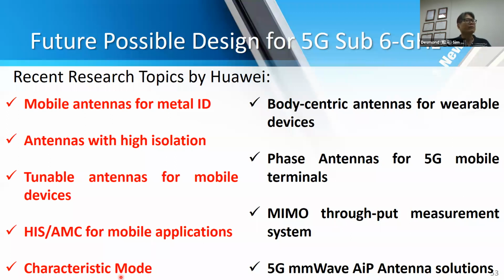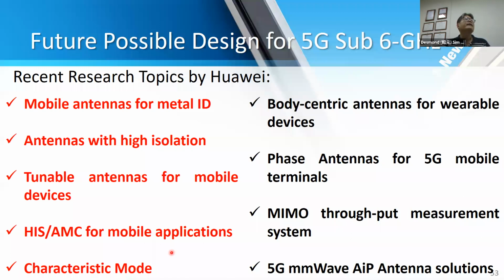So characteristic mode is something you can study if you are really good in maths and computational electromagnetics, and I will encourage you to do that. But if you're using characteristic mode, one thing you need to remember is that it is usually valid for frequencies below 1 gigahertz. If you go into 10 gigahertz or 28 gigahertz, it's truly difficult to apply.